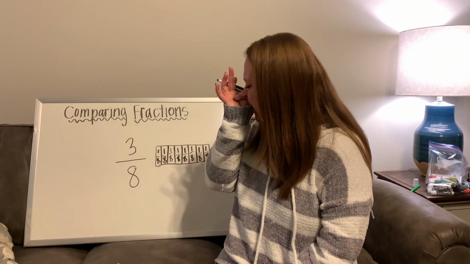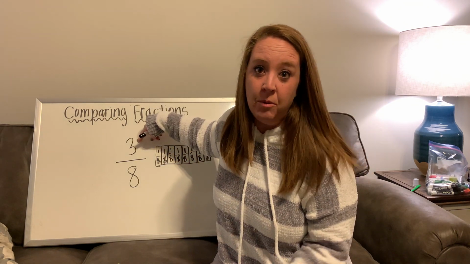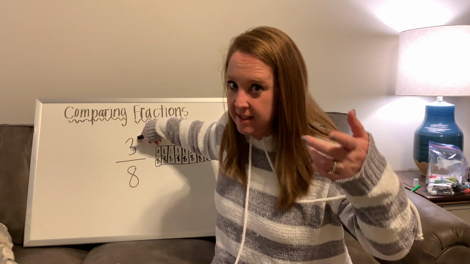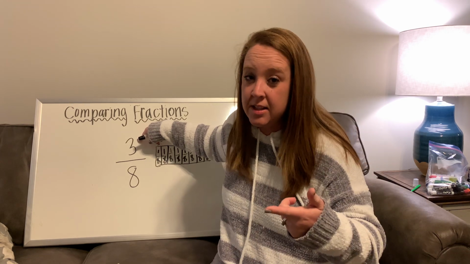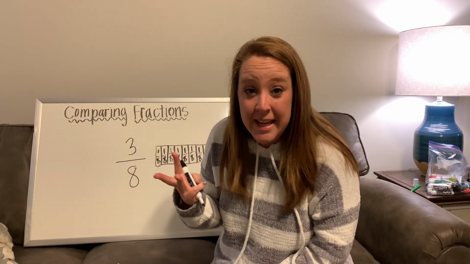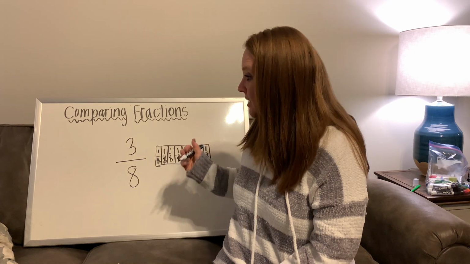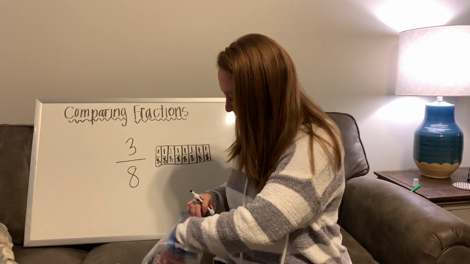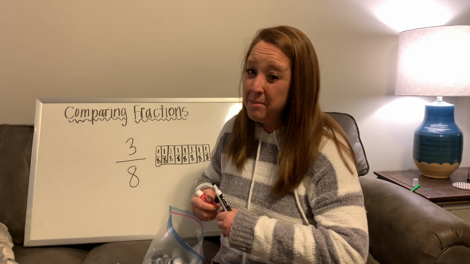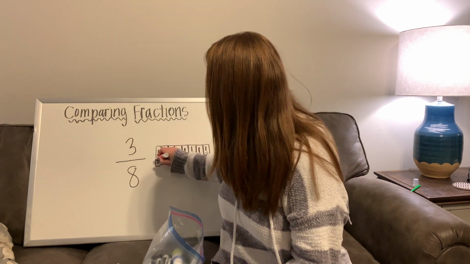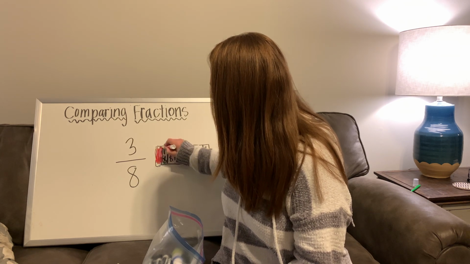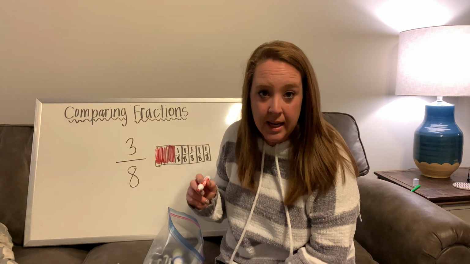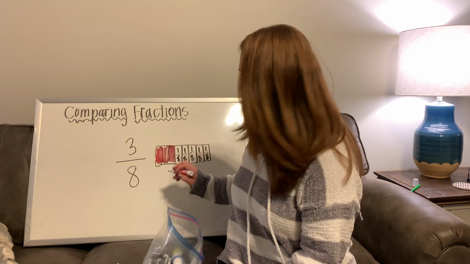And then we have our numerator. And what does our numerator tell us? Yes, you're right. Our numerator tells us that we have 3 of those 1/8 pieces. So 1, 2, 3. I have shaded in 3 1/8 pieces.